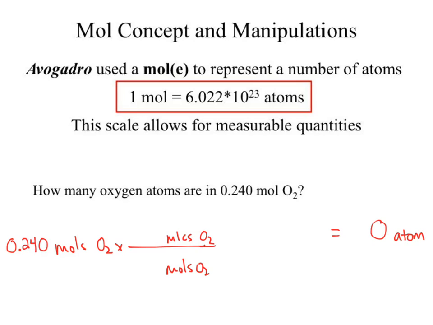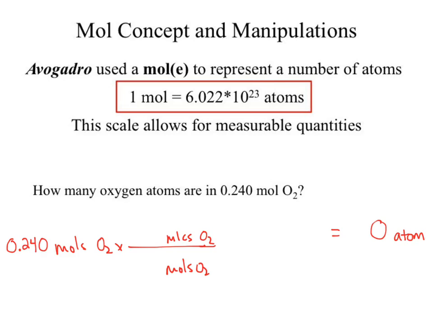Why is it not atoms? Is O2 a molecule? Yes. Is it an atom? No. So when we're looking at a mole of O2, we're looking at a mole of O2 molecules. So we have to be careful with our calculation and what's being asked of us. What is the conversion between molecules of O2 and moles of O2 molecules? 6.022 times 10 to the 23rd.